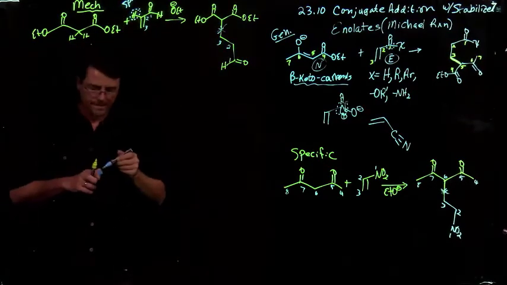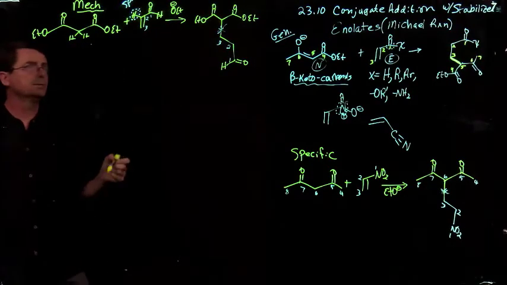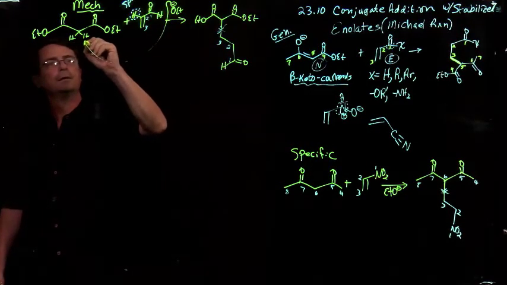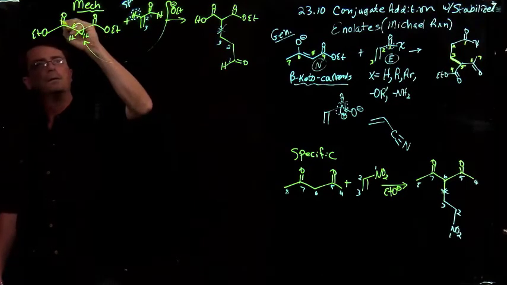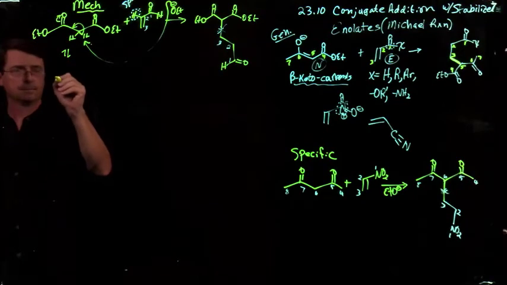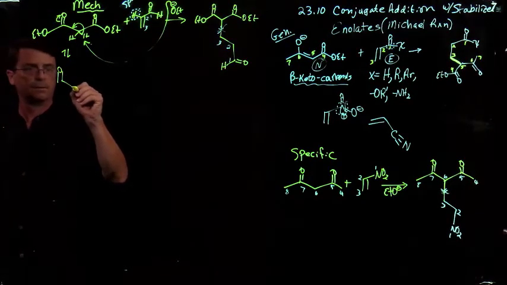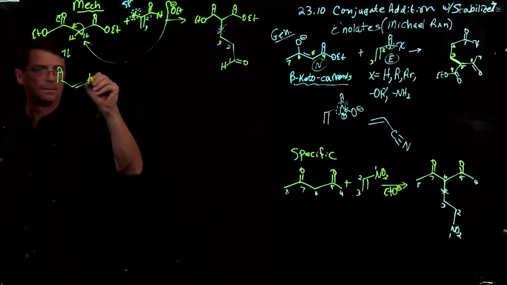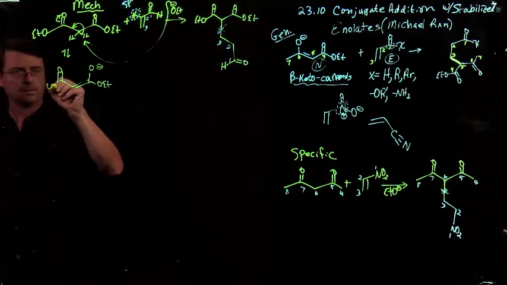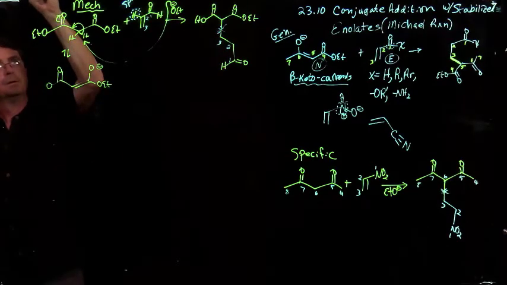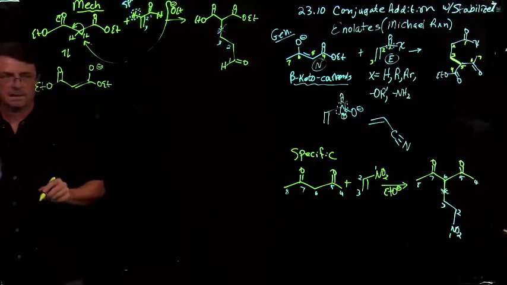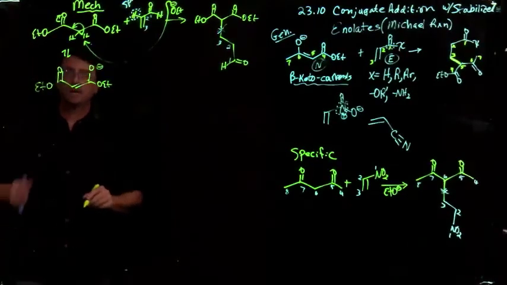Okay, now let's push some arrows. Ethoxide is base. Again, in an equilibrium reaction, we create the stabilized enolate.